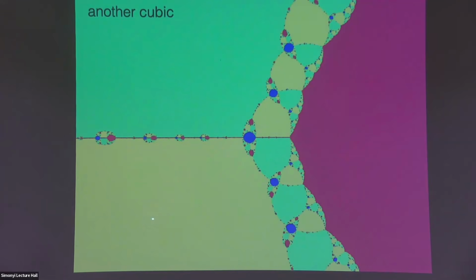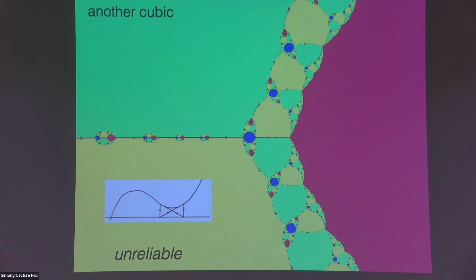And so I've colored the regions according to which root you converge to, but there's also a small blue region here where you don't converge to any root at all. So Newton's method is actually unreliable for general cubics in the sense that there's a positive probability you choose a bad initial guess.